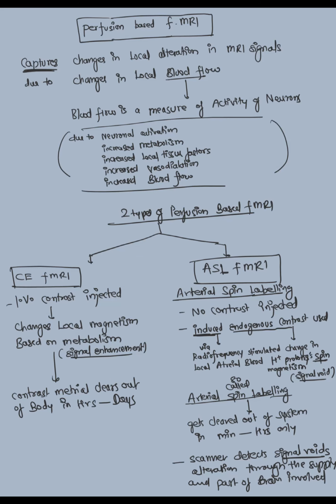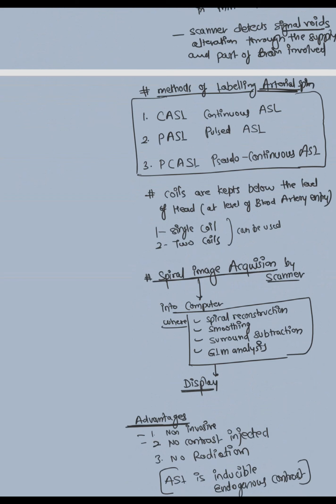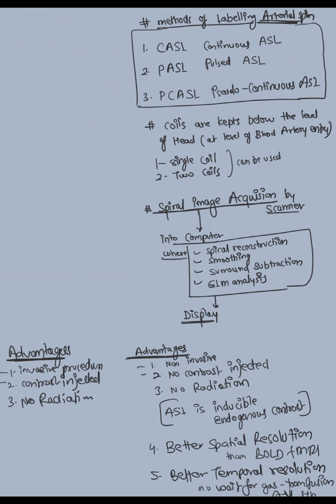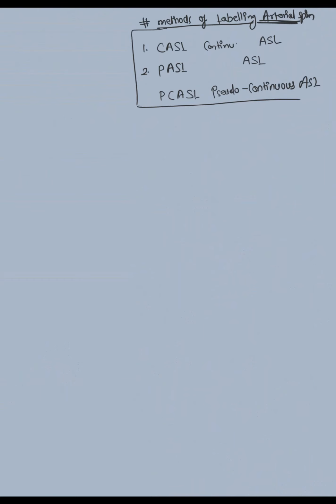Now what are the methods of labeling an arterial spin? These methods can be PCASL, pseudo continuous ASL, or it can be CASL, continuous ASL, or PASL, pulsed ASL.